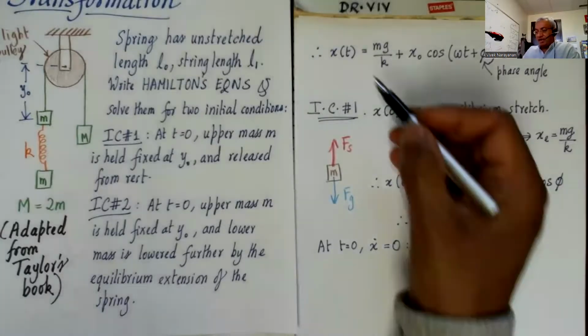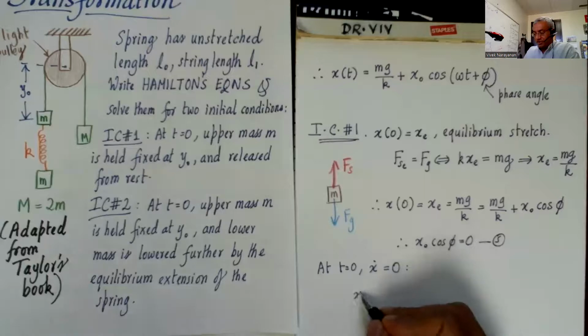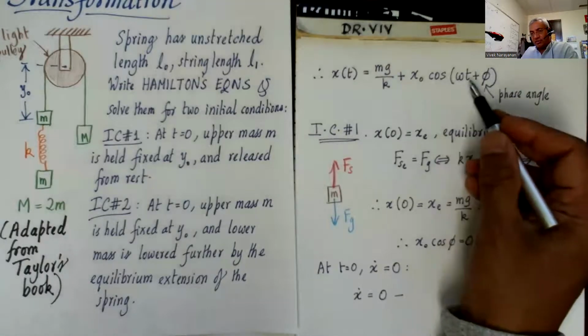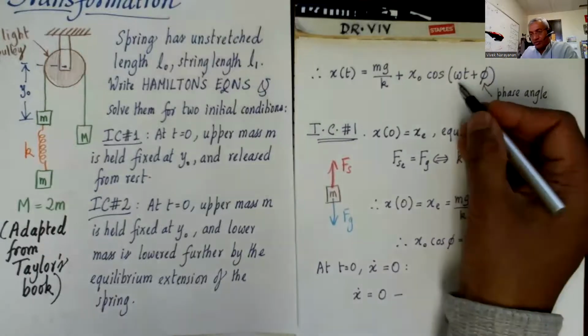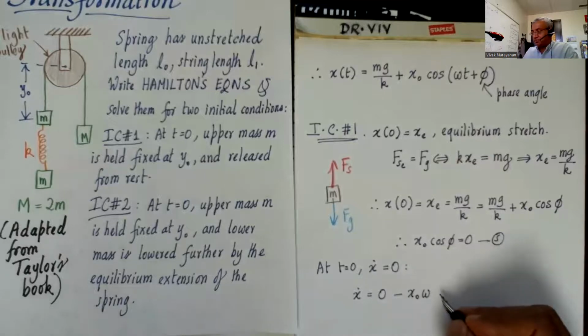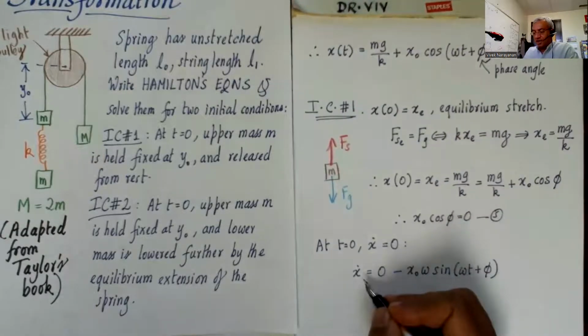Let's implement that. If I differentiate both sides, I get x dot equal to 0, and then derivative of cosine is negative sine, but I also pick up this omega term. So that's negative x naught omega sine omega t plus phi. That is x dot as a function of time.